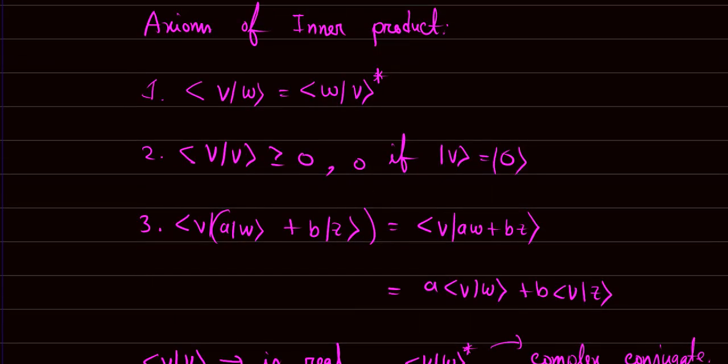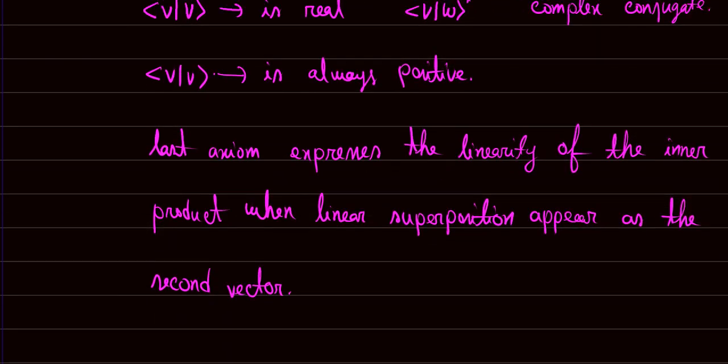So let's see this. Here we have taken a linear superposition of two vectors. If this linear superposition is in the second vector in our inner product, then our inner product will follow linearity.